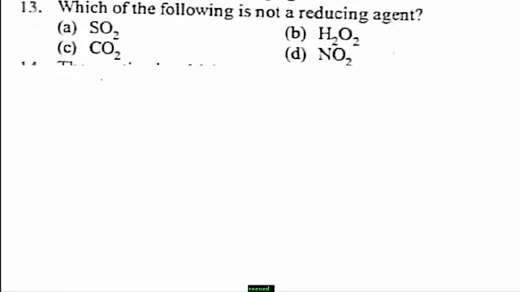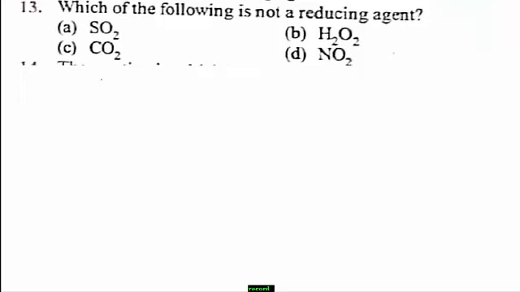Next, question number 13. Which of the following is not a reducing agent? Option A, sulfur dioxide. Option B, hydrogen peroxide. Option C, carbon dioxide. Option D, nitrogen dioxide.